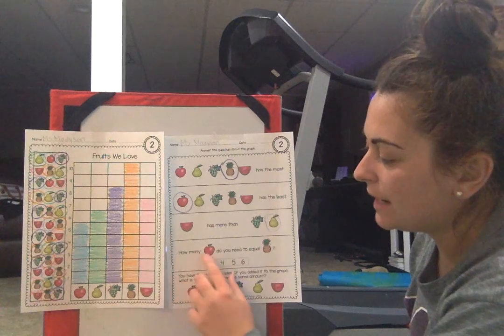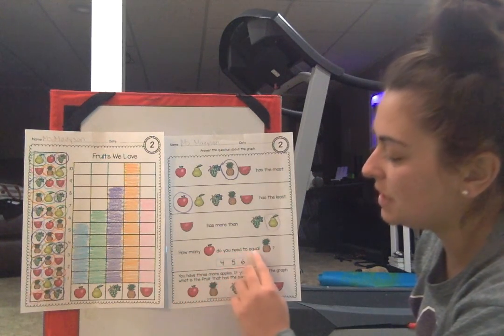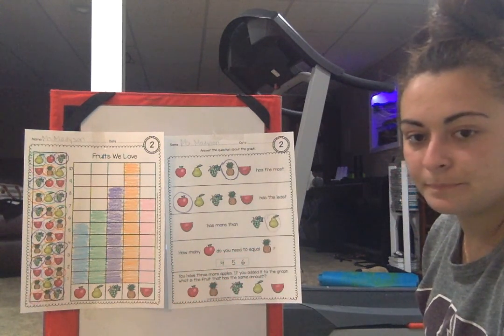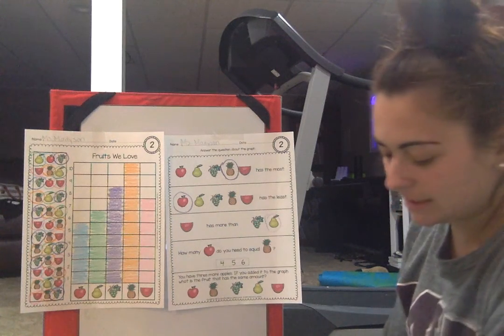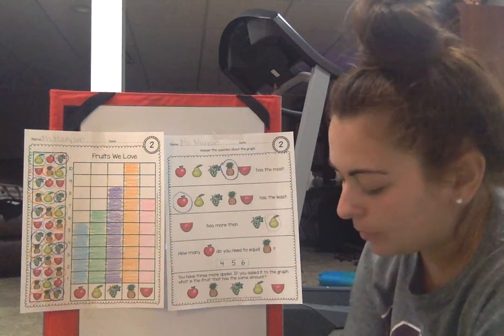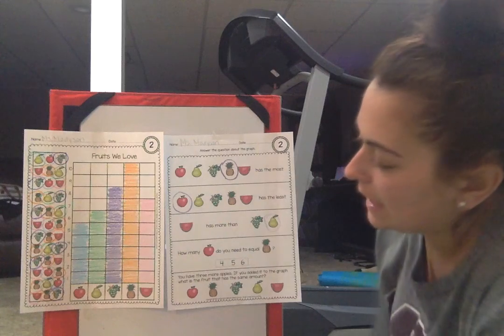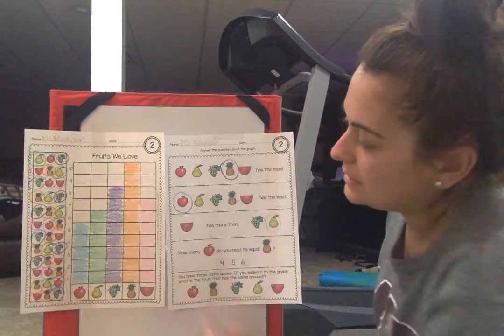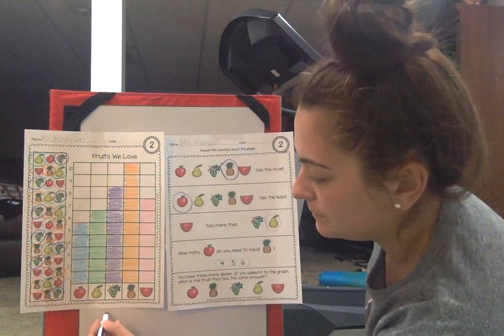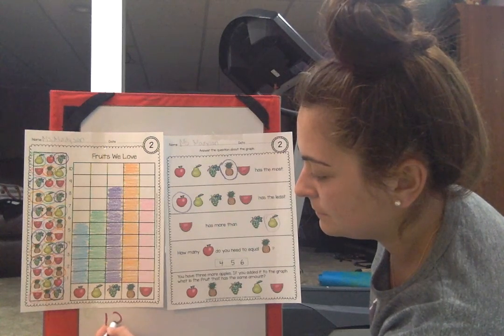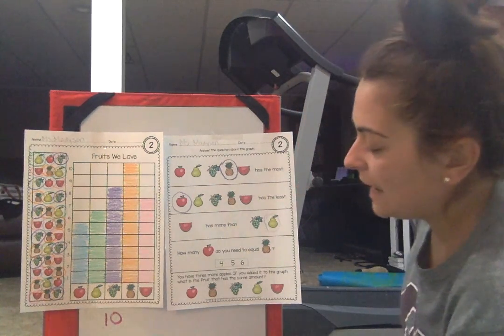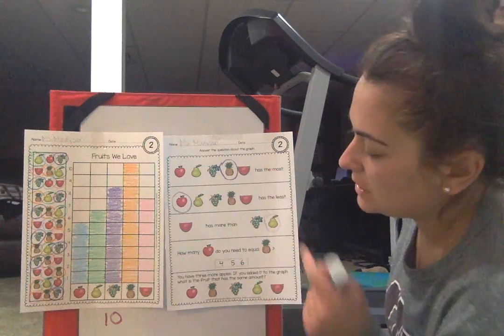Good. How many apples do you need to equal the pineapple? So let's look at this. So the pineapple has how many? 10. Pineapple has 10. How many apples do you need to get to the pineapple?